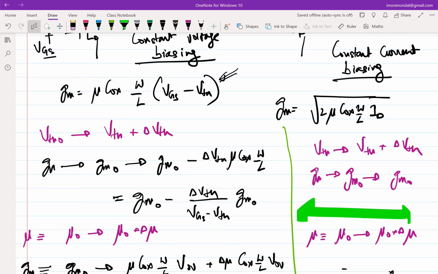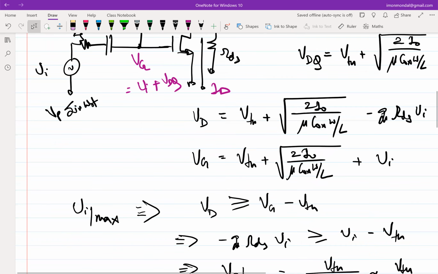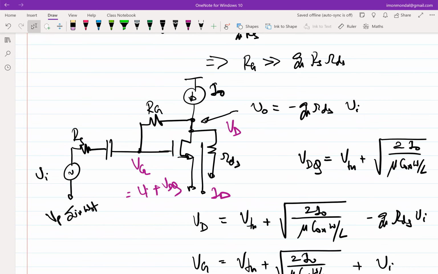So what he is essentially saying is, how do you do a constant current bias? This is an example. Let's say your threshold voltage has changed. You have set your circuit like this and your threshold voltage has increased by 50 millivolts. Then how will the circuit adjust itself? Because current is still I naught, VG will change.